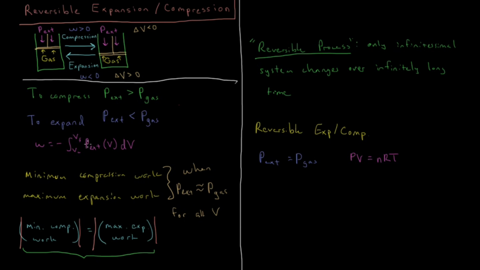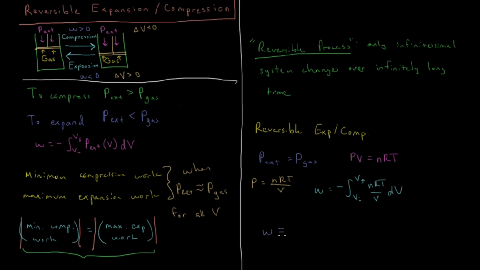And so this integral here of P external, well, our P external is just going to equal our P gas, and our P gas, based off of this equation, is just going to be nRT over V. So the integral that we need to do is going to be minus the integral from initial volume to final volume of nRT over V with respect to V.